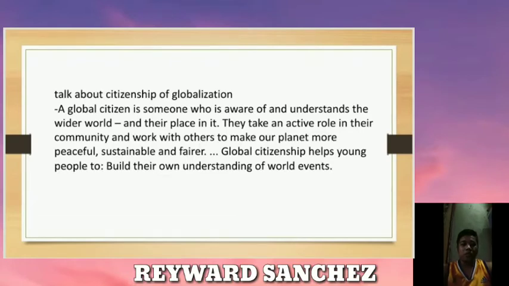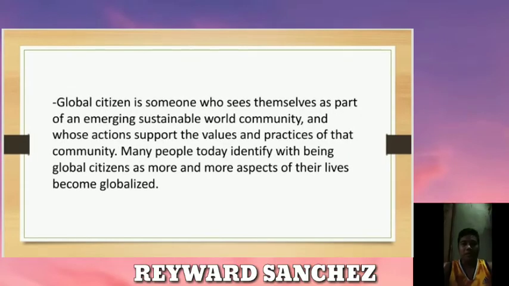Global citizenship helps young people to build their own understanding of world events. A global citizen is someone who sees themselves as part of an emerging sustainable world community and whose actions support the values and practices of the community.